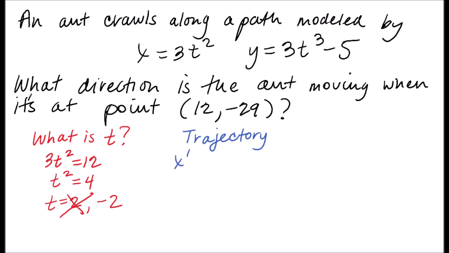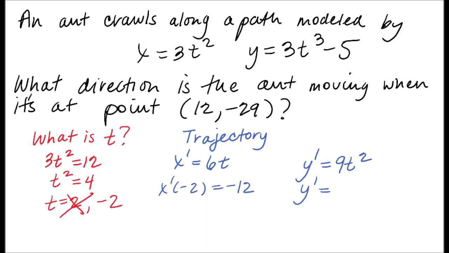So for the trajectory, I'm going to need the derivative of x, that's going to be 6t. And y prime is going to be 9t squared. And then you plug in t equals negative 2. So x prime is negative 12, and y prime is going to be 9 times 4, which is 36.